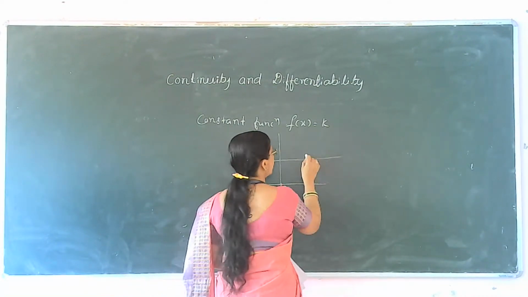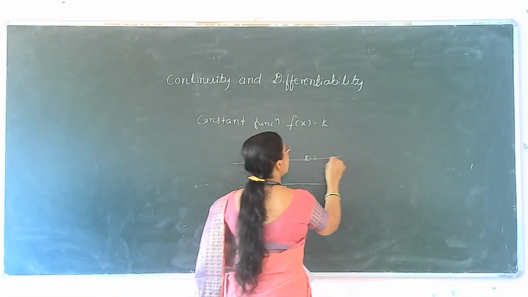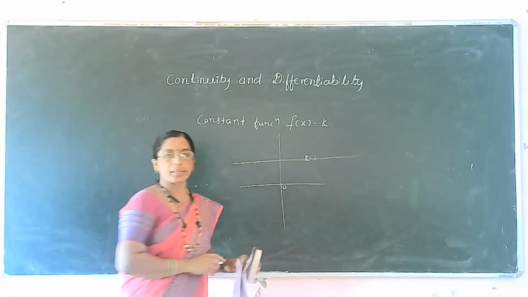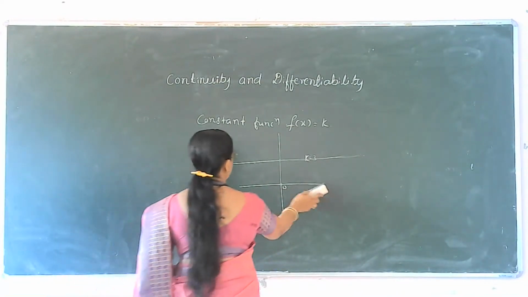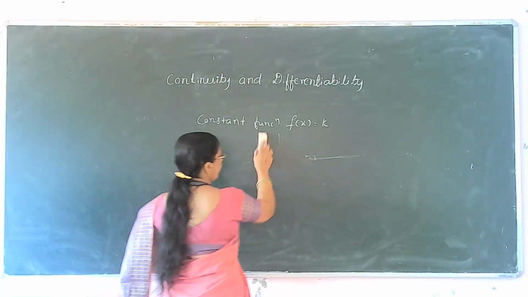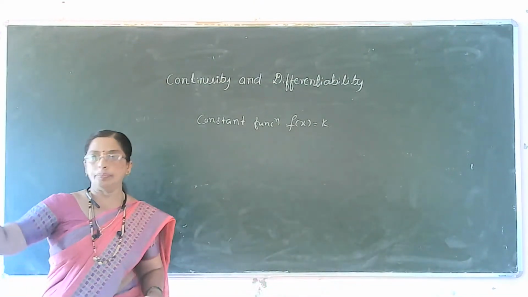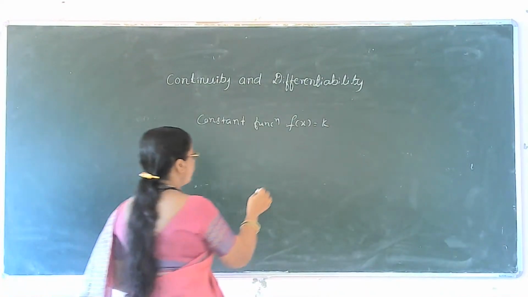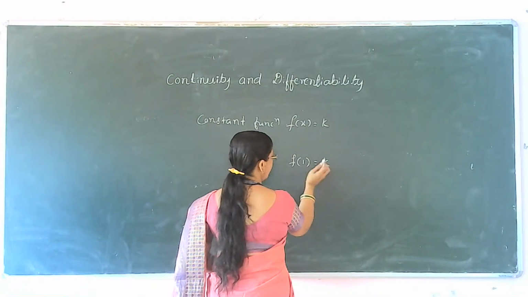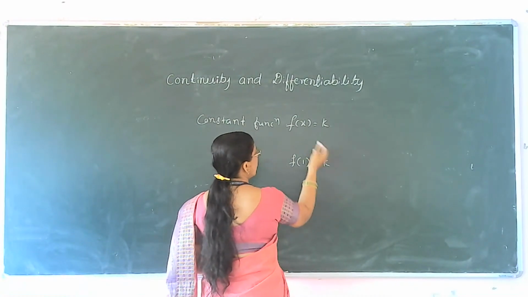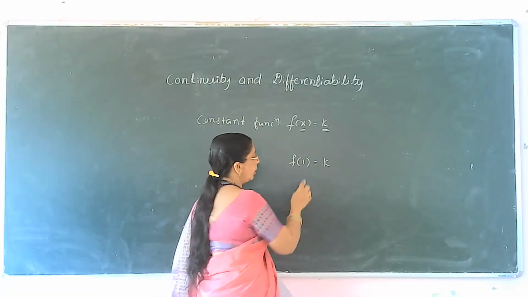If k is equal to 3, it is a line parallel to the x-axis. If we take the limit of the function, it does not change the value of k. f of 1 also is equal to k itself because there is no variable here.